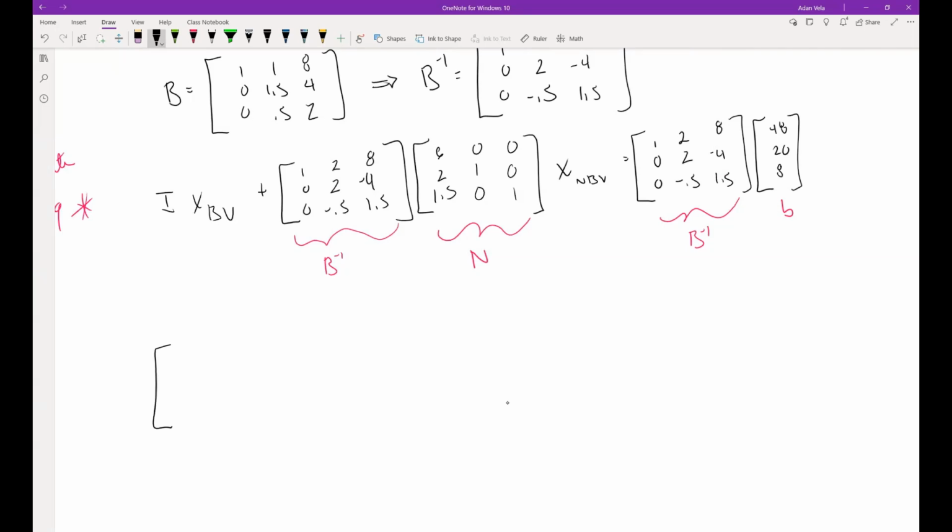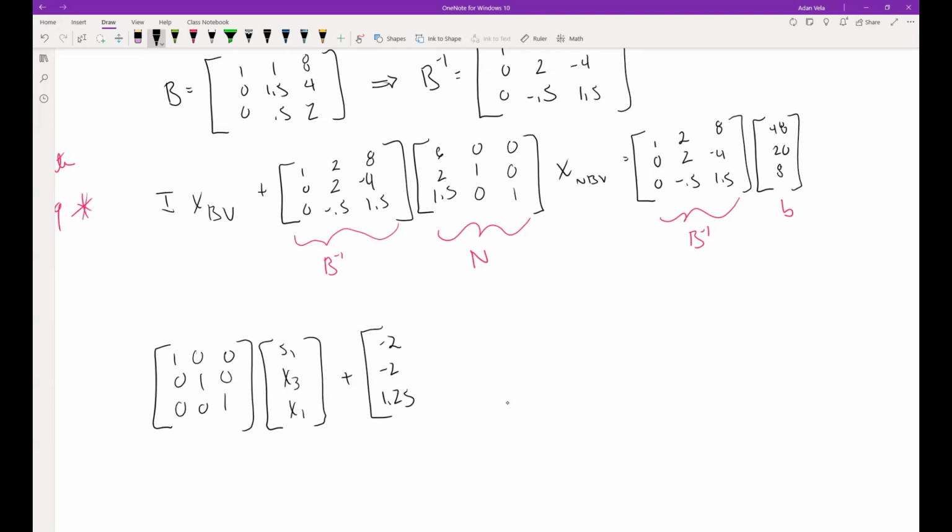Again, we have 1, 0, 0, the identity matrix. If you multiply B inverse times N, you get the following matrix.